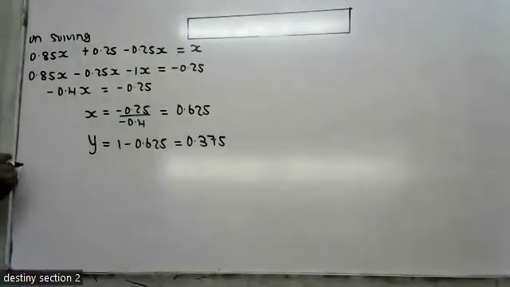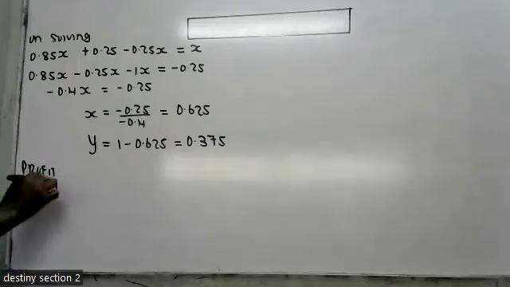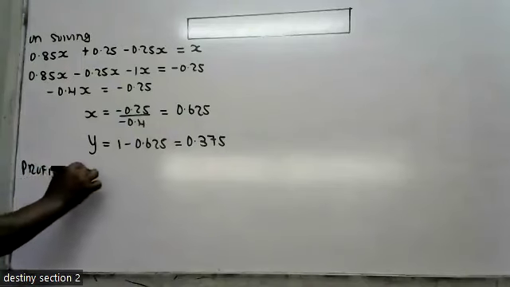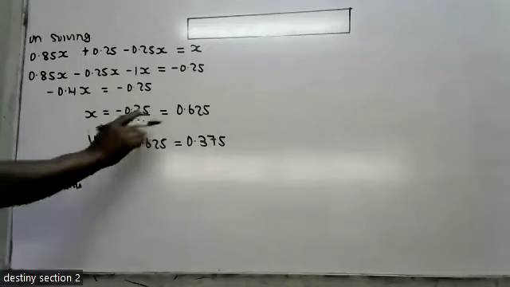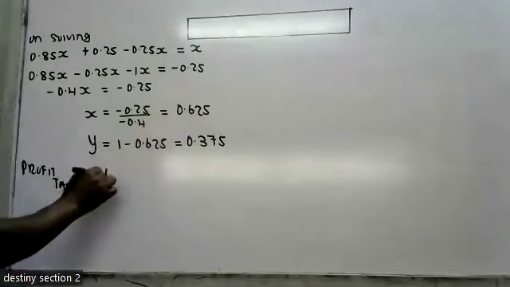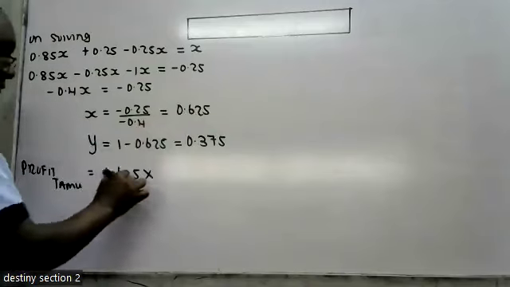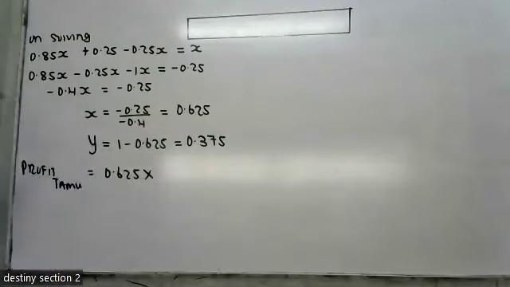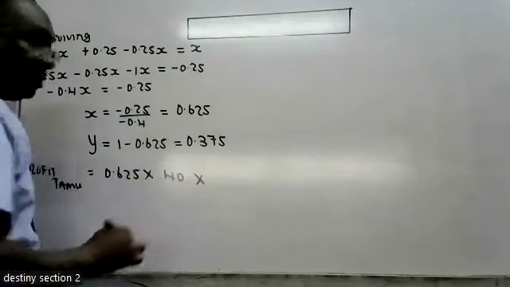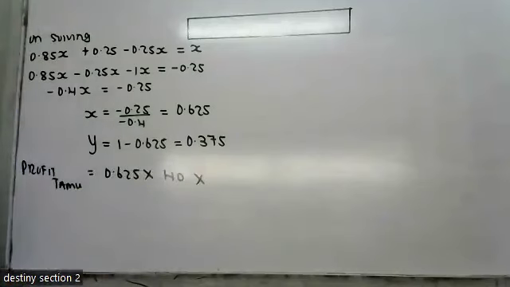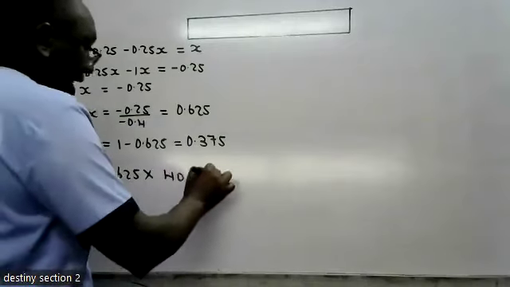So profit for Tamu. The market share for Tamu is 0.625. We use the formula we wrote above, multiplied by the market size. The market size, we have been told it has 40 million customers. And the profit per customer, we have been told it is 5.